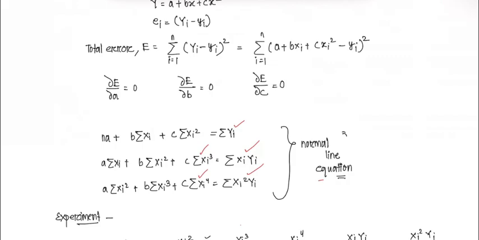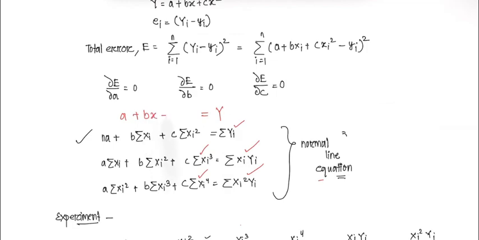If you remember one equation, you just need to multiply xi with the rest. You are not even required to remember this.